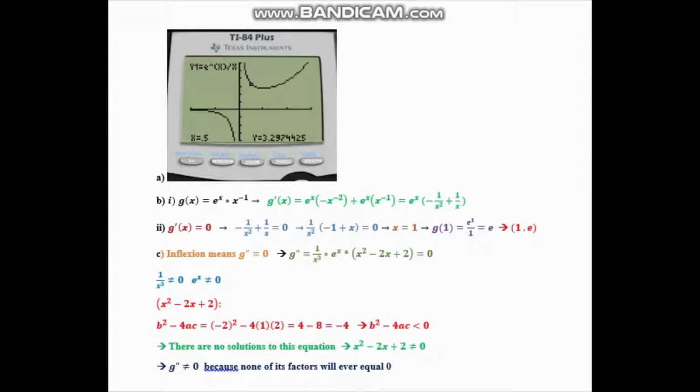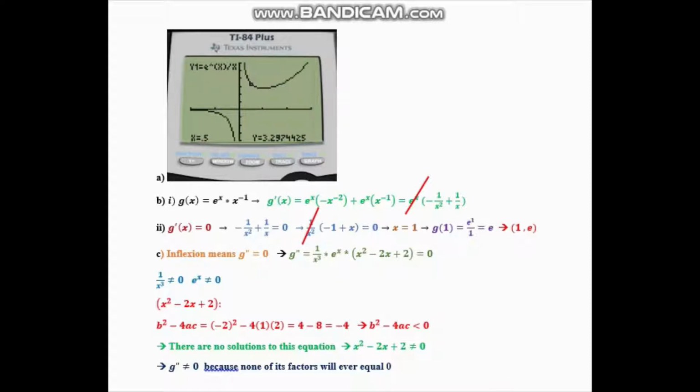So -1 over x squared plus 1 over x equals 0, and you solve this. I've taken 1 over x squared as a common factor, so I get -1 plus x in the bracket. Again, 1 over x squared shall never be 0. So I can repeat the same principle. Just like I've ignored this factor, I can ignore this factor because it shall never equal 0.